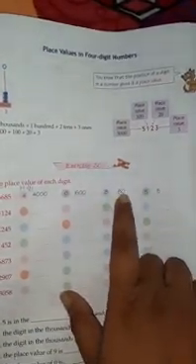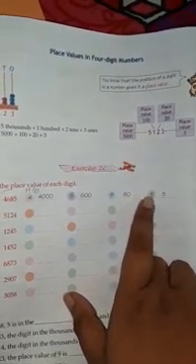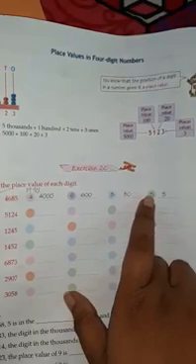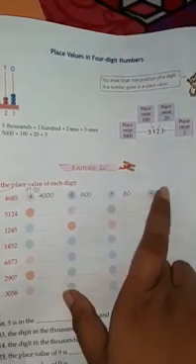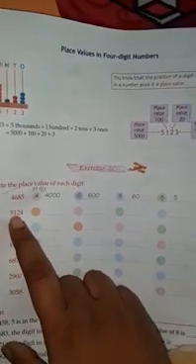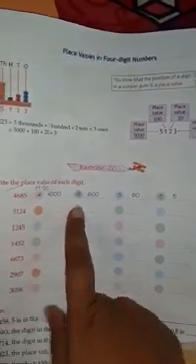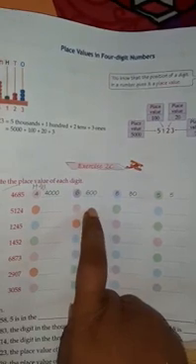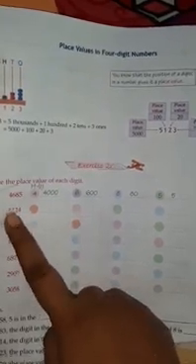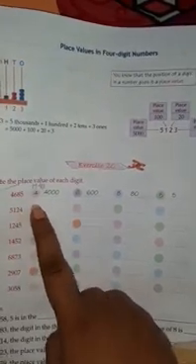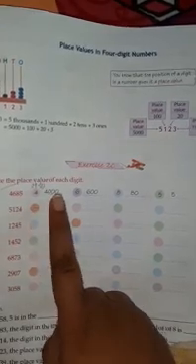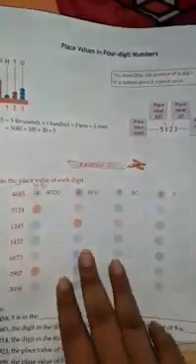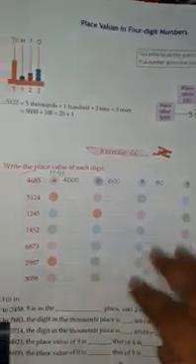Then in the 1's place 5 is there, so you write 5 in the circle and the place value of 5 is 5. In the 100 place there is 1, so you write 1 here and the place value is 100. In the 1000 place there is 5. So you write 5 in the circle and the place value of 5 is 5000. Like this you can complete the rest of the questions.